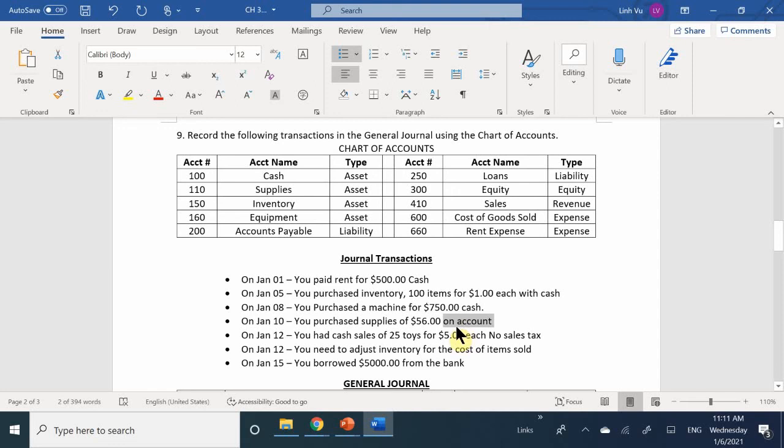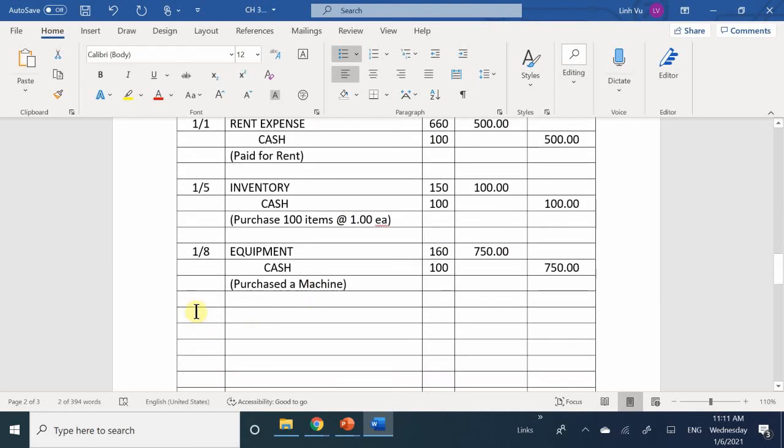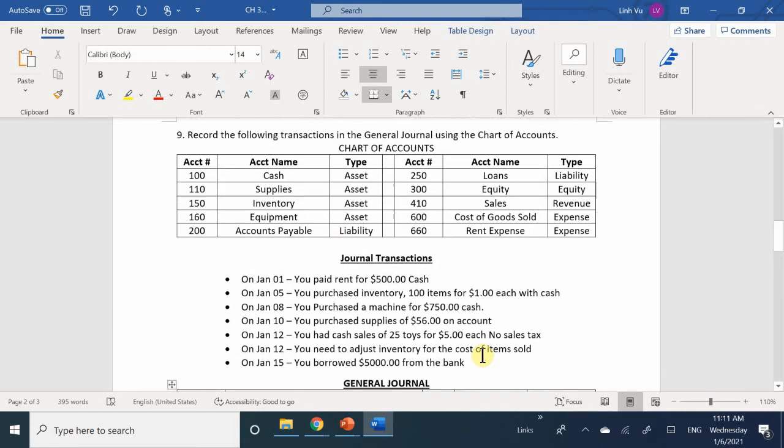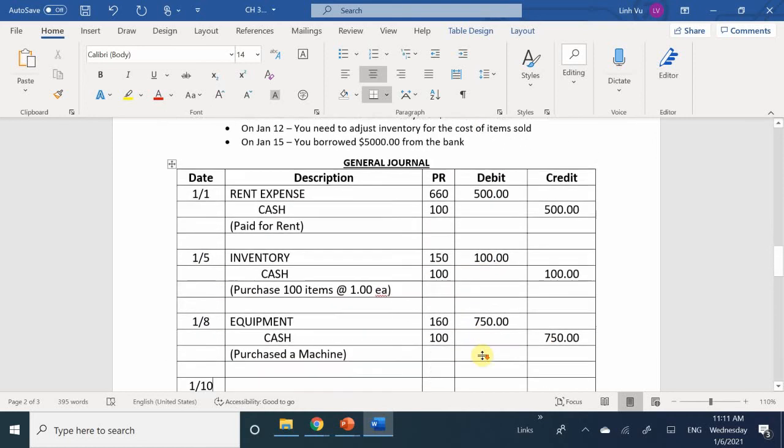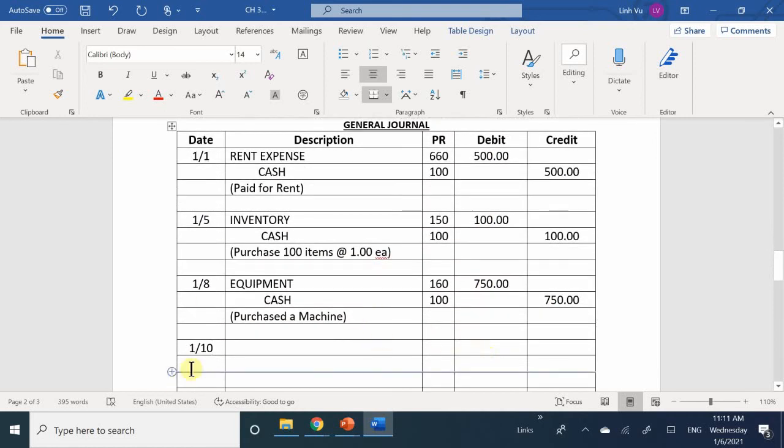So January 10, you purchased supplies and you placed it on an accounts payable. So you owe the money. You didn't pay them right away.